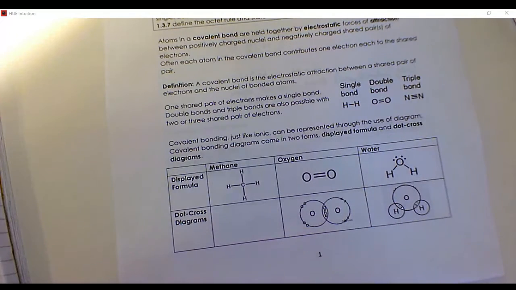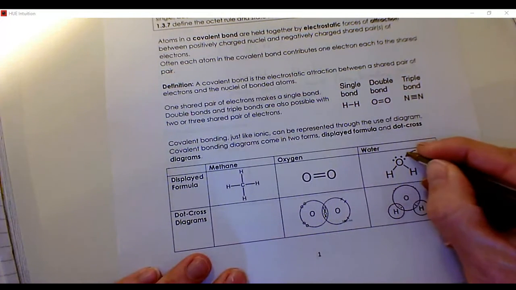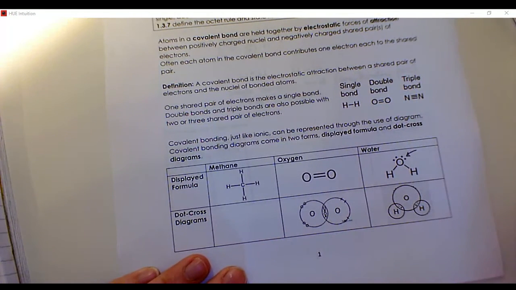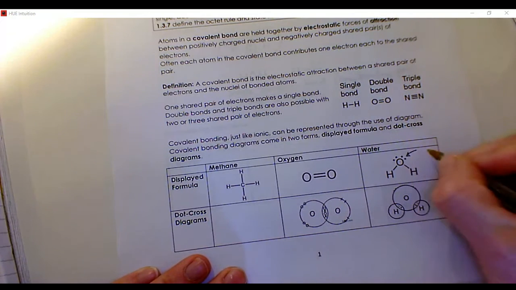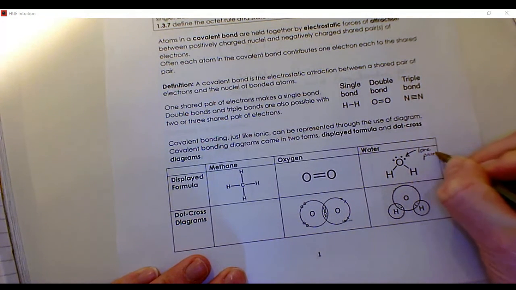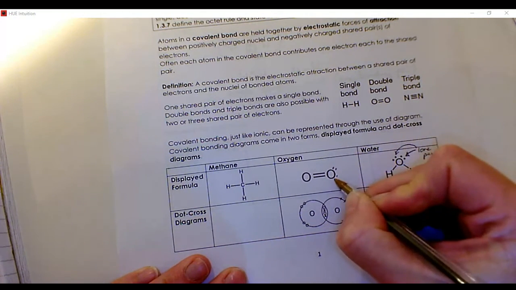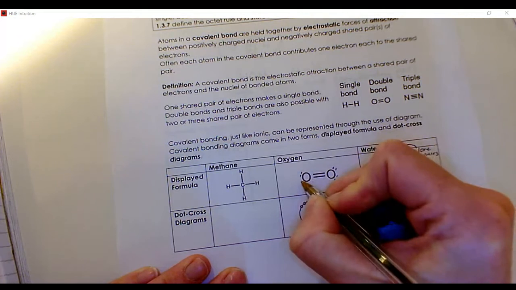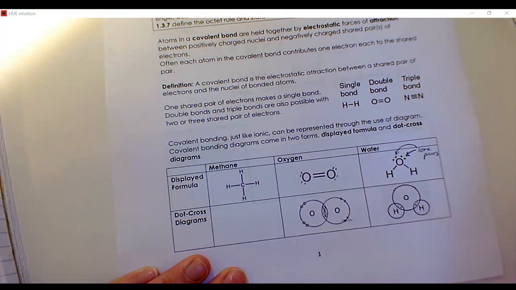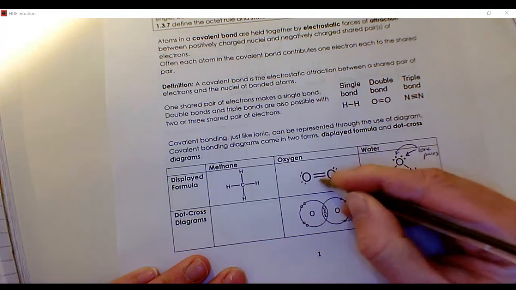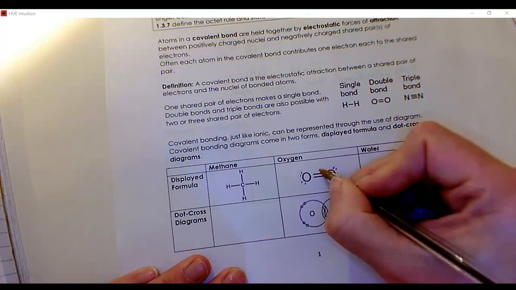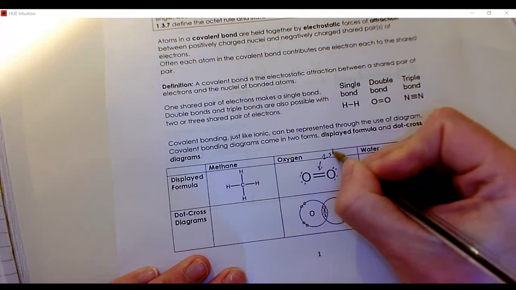Just to note, it's not consistent: if there are lone pairs, they are sometimes included on the line diagram. You can see here they haven't bothered, but you could put them in. So each oxygen atom in the molecule has two lone pairs of electrons, in other words, electron pairs that are not part of the covalent bond. These are shared pairs, so there are two shared pairs.